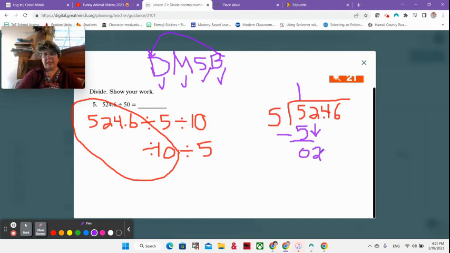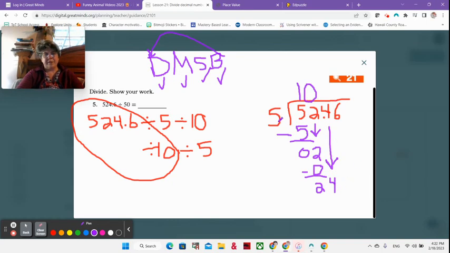So I just have a 2. What can I do? I can put a 0. And then that would be 5 times 0 is 0. Subtract. And I still have 2, but now I can bring down my 4. Okay, don't forget that step. Otherwise, you're going to mess up your place value, right?